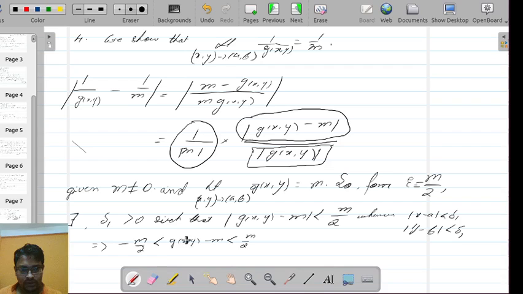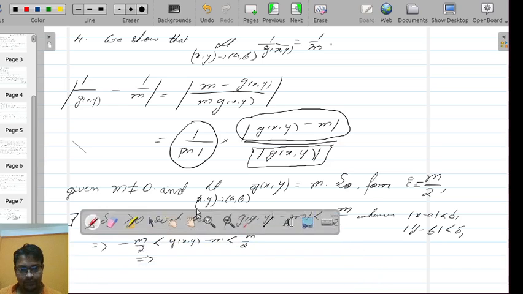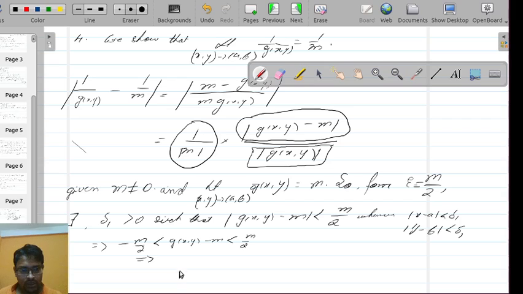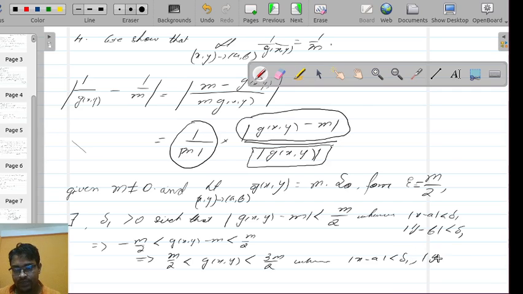Whenever this happens, this will imply that m by 2 is strictly less than g of xy, and this is less than 3m by 2, whenever mod of x minus a is less than delta 1 and mod of y minus b is strictly less than delta 1.